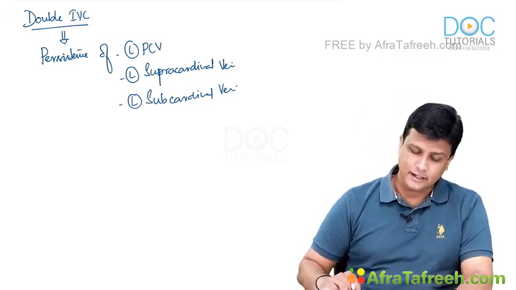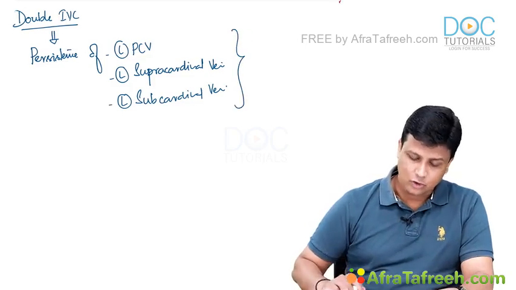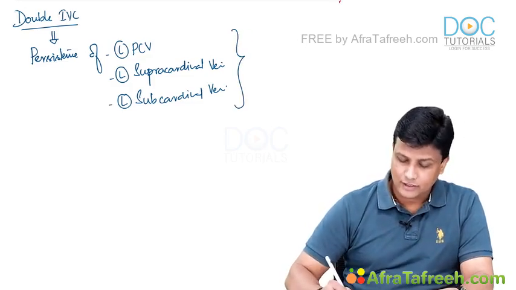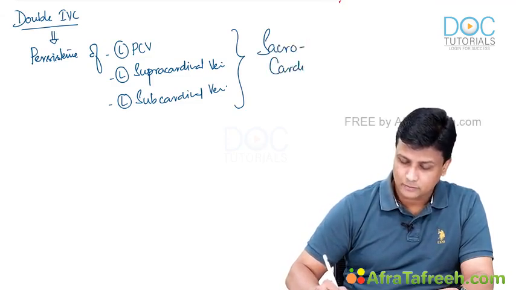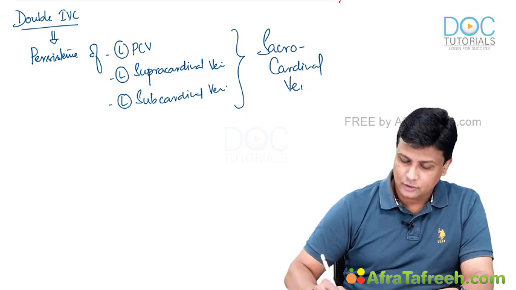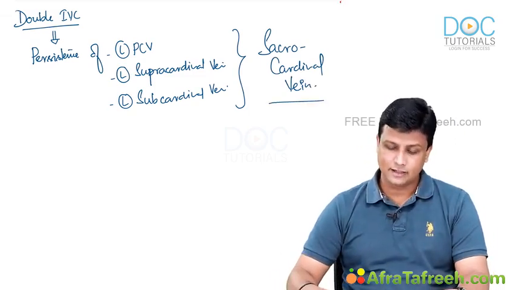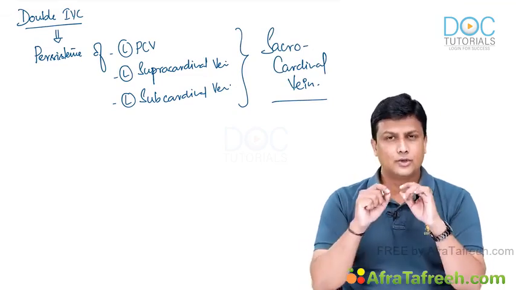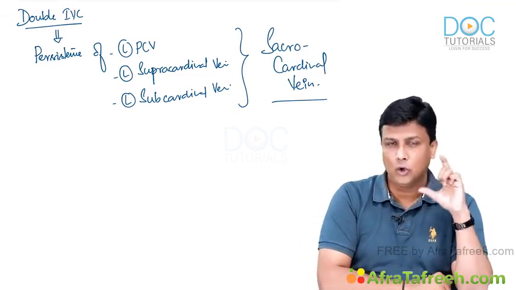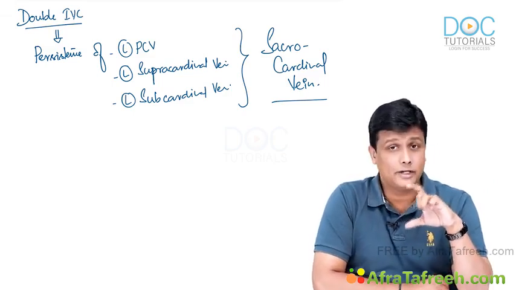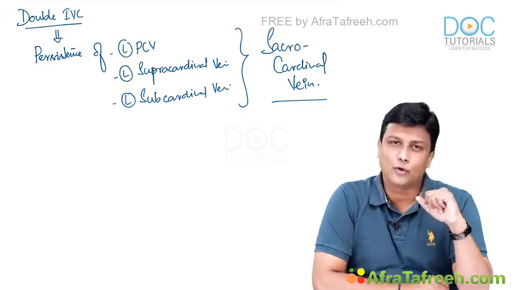But the problem here is that all these veins together have been given a common term, and that is known as the sacrocardinal vein, and that was the term actually given in your exam. So take care about that. If you say that, that's more than enough.